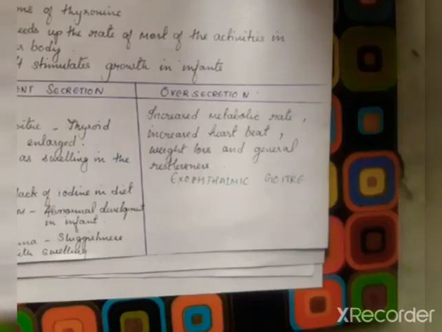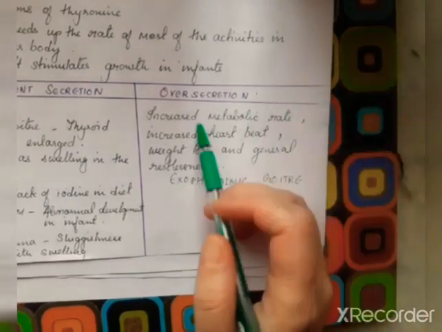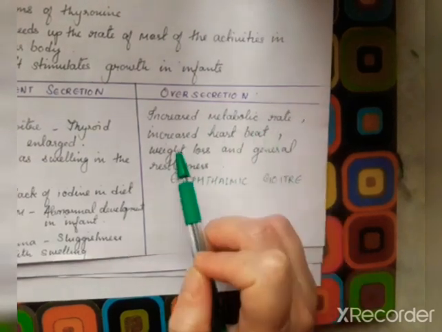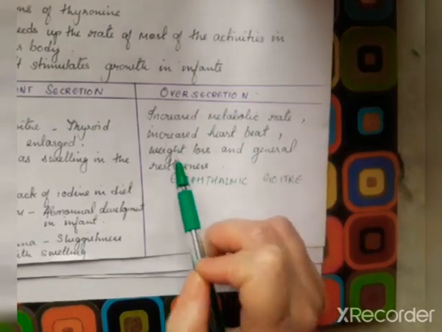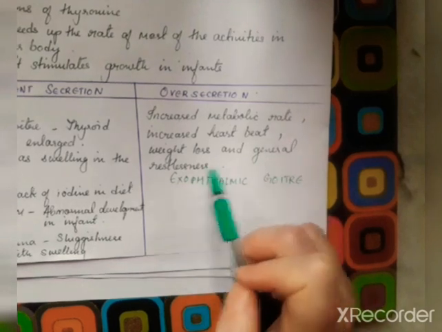Here you can see in this picture the protruding eyes, isn't it? So this person is said to be suffering from the exophthalmic goiter, in which there is increased metabolic rate, increased heartbeat, and even weight loss and general restlessness.